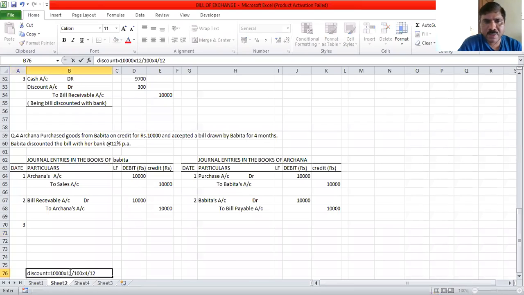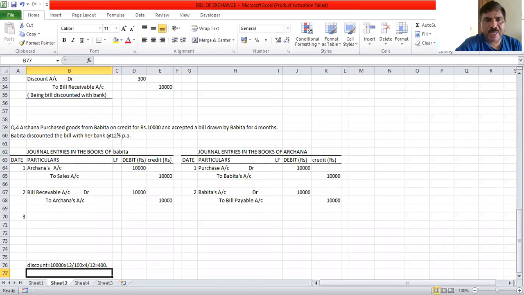Are you clear with this? Yes, sir. Calculate the amount. How much does it come to? 10,000 into 12 upon 100 into 4 upon 12 is 400.